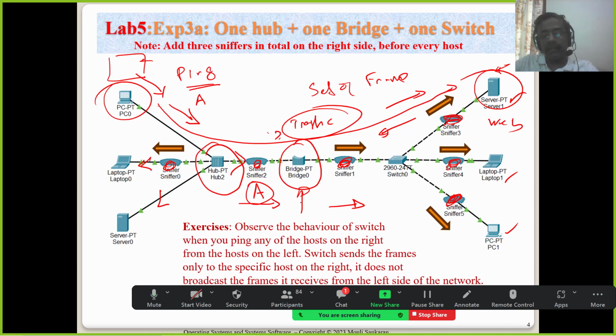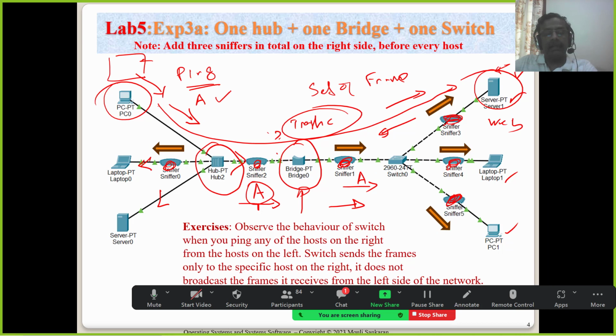A forwarding table I have already explained to you. It is already initialized. So if it sees a frame A meant for this particular server, it is going to allow that to flow. So A will come here. I hope till that point you are getting it.